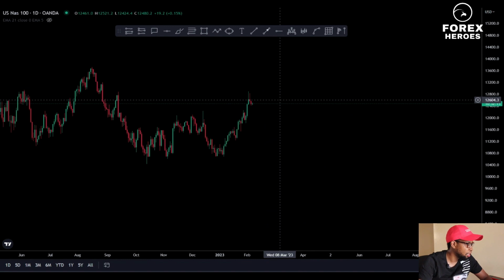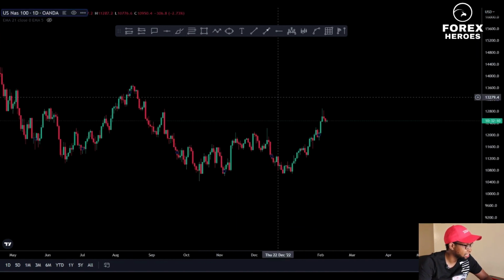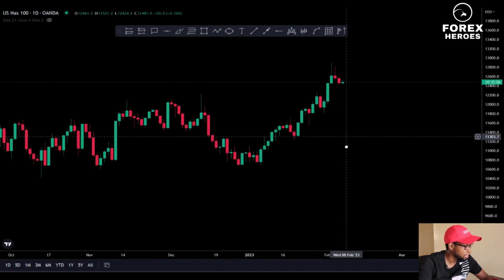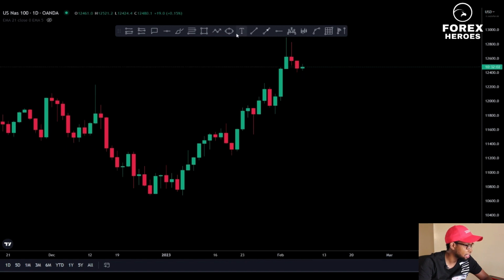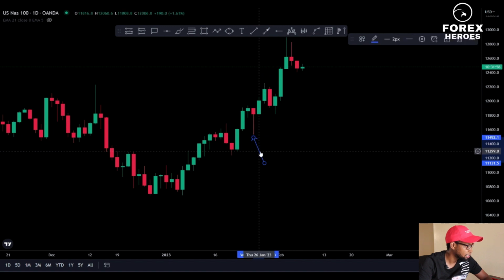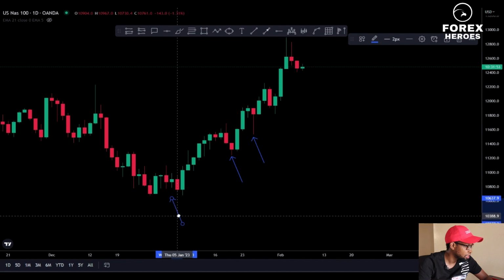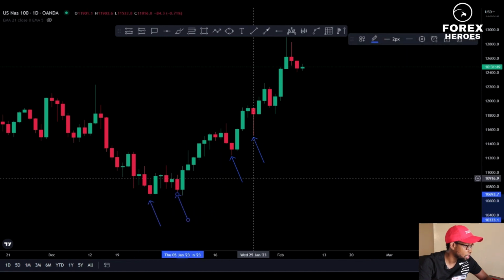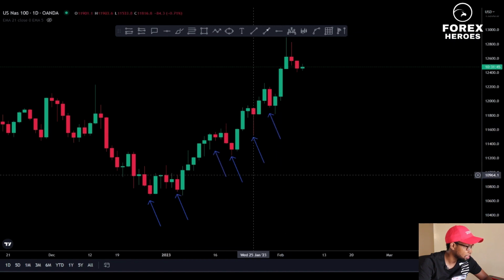Now let's look at what is currently happening. When I mention the candlestick or chart patterns that we're going to be looking at, you have to understand that certain candles play a very big role. Look at this candle, look at this candle, I can see this one, another one will be this one.